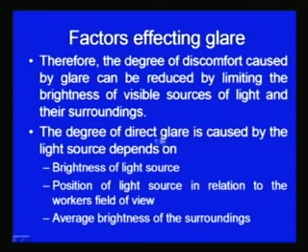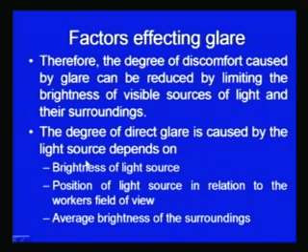So, the degree of direct glare caused by the light source depends upon the brightness of the light source. The extent of the direct glare effect is determined by the brightness of the light source, so this brightness is to be reduced. It also depends on the position of the light source in relation to the worker's view field.